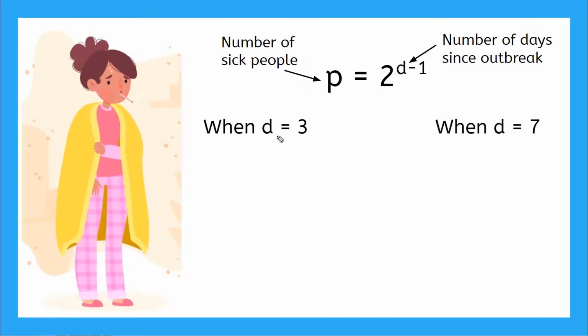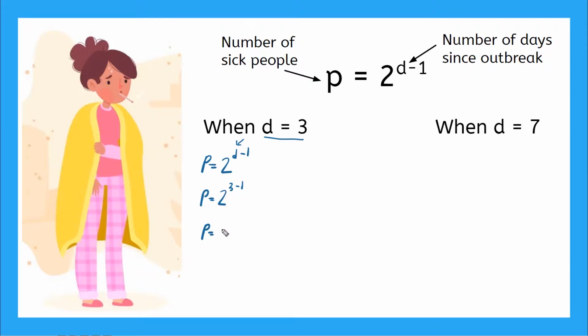So let's use this equation to find out how many people have gotten sick. The variable P, if it has been 3 days since the first person got sick. That would mean when D is equal to 3. We can compare that number to a week after the outbreak, when D is equal to 7. So let's evaluate when D is equal to 3. I'm going to rewrite my equation. I have P is equal to 2 to the power D minus 1. Now I'm going to substitute in when D is equal to 3 for my variable D. So I'll have P is equal to 2 to the power 3 minus 1. So now I can start to evaluate, right?